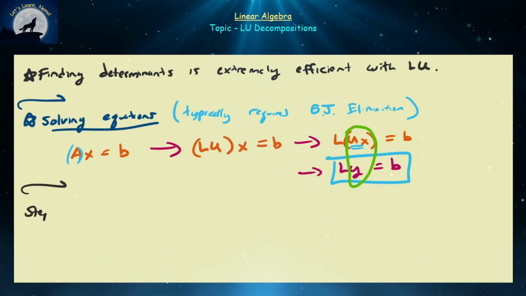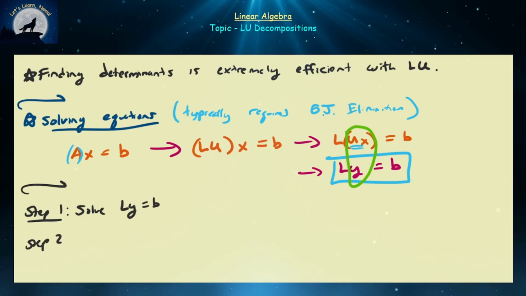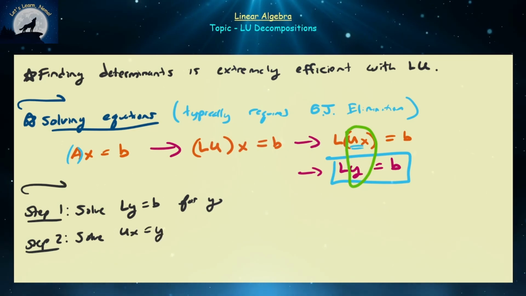So step 1, we need to solve Ly is equal to b. Solve Ly is equal to b, and obviously we're solving for y in that case, and once we solve for y, then how are we going to get x? Well, keep in mind y is just U times x, so then we can solve Ux is equal to y, and we can solve that for x.